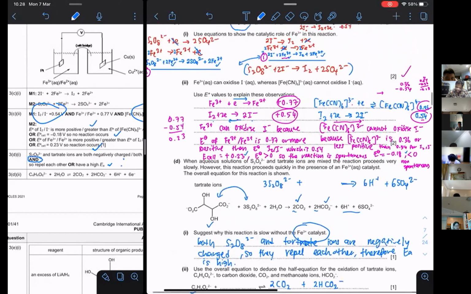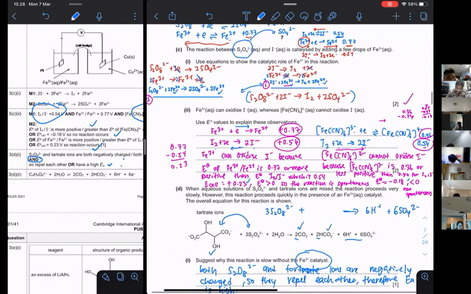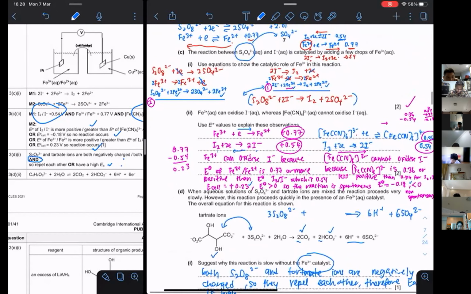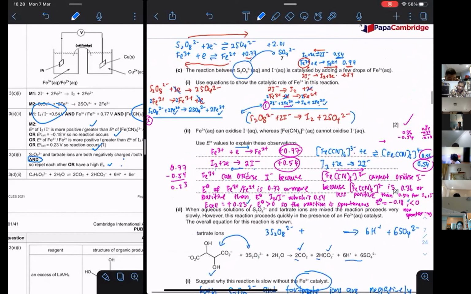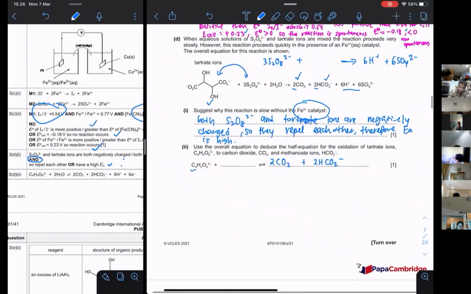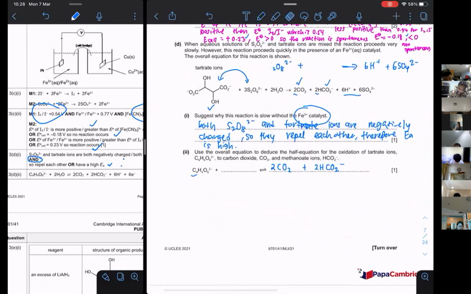I think if we try to look at the others, I can see here, when I look at the previous equation, I have S2O8 2- plus 2 electrons giving 2SO4 2-. Let me try to use that.